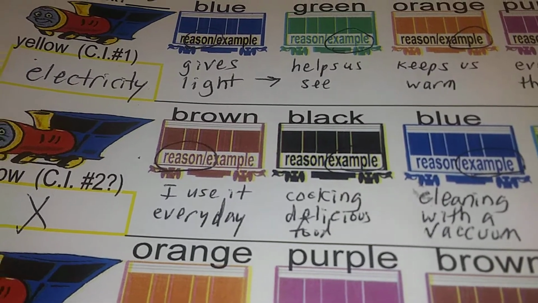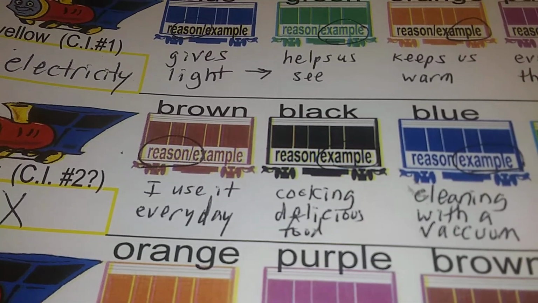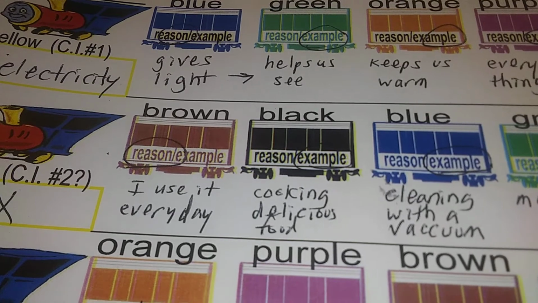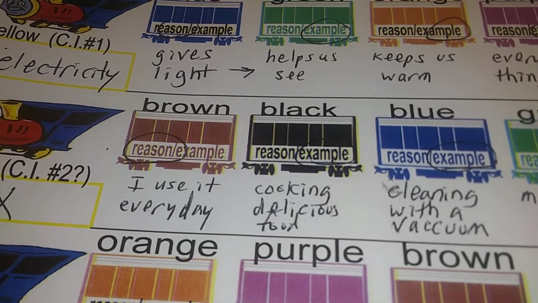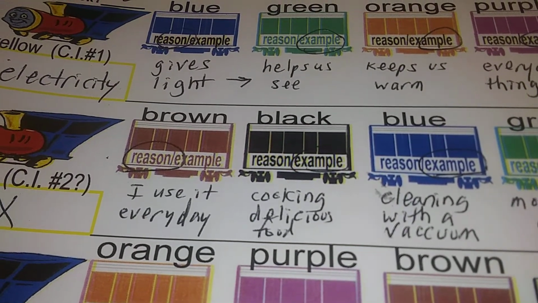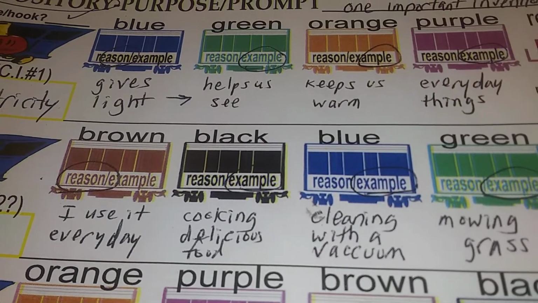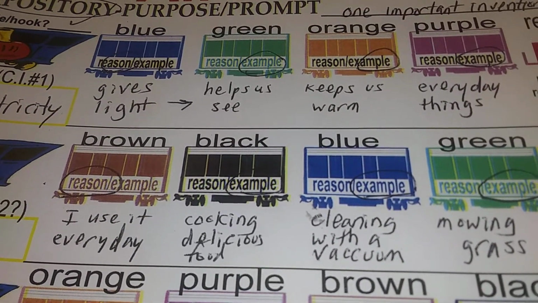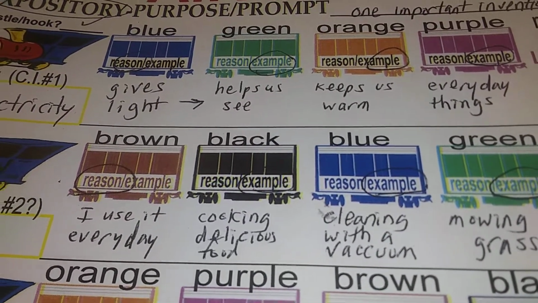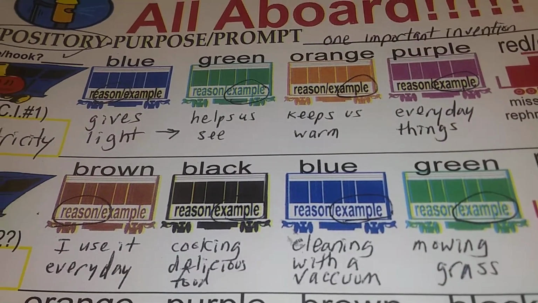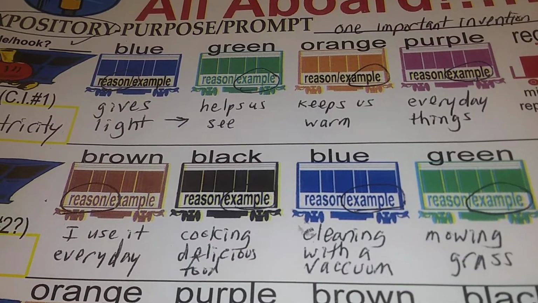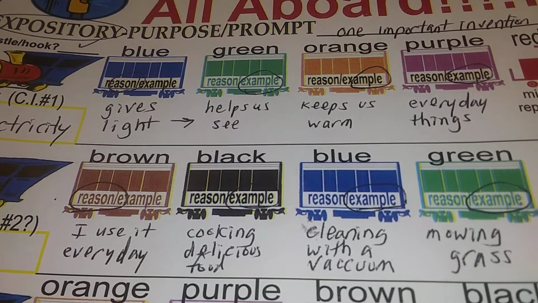But they have some other ideas now. So using it every day is the reason. The examples are that it's delicious, you can cook delicious food using electricity, and that you can clean with a vacuum, a different example. And again, it says for 3s and 4s that your ideas relate to each other.